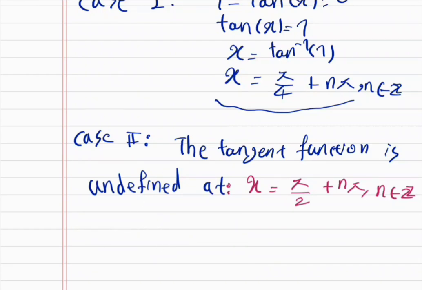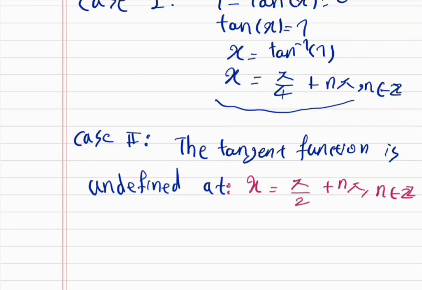So whenever you have tangent in domain questions, in addition to looking at where the main function itself is undefined, always consider the fact that the tangent is also a function that at some x values is undefined.